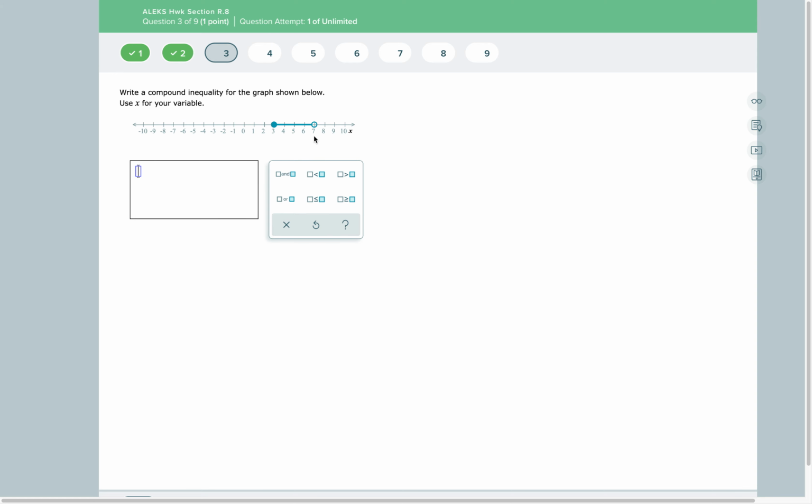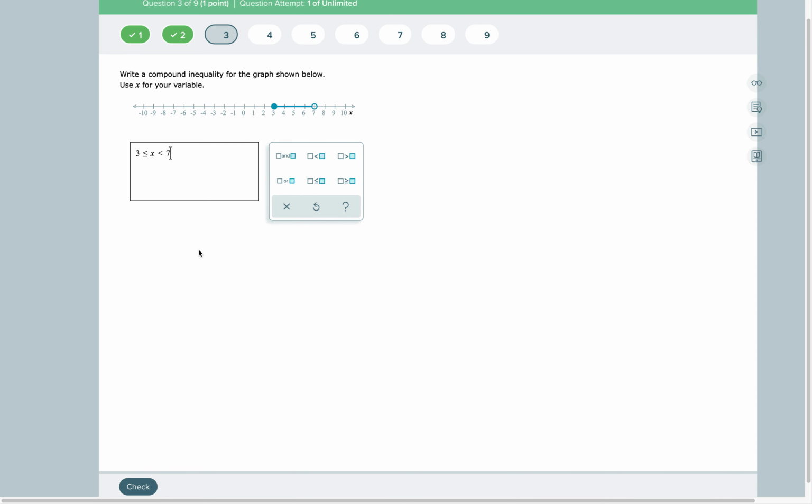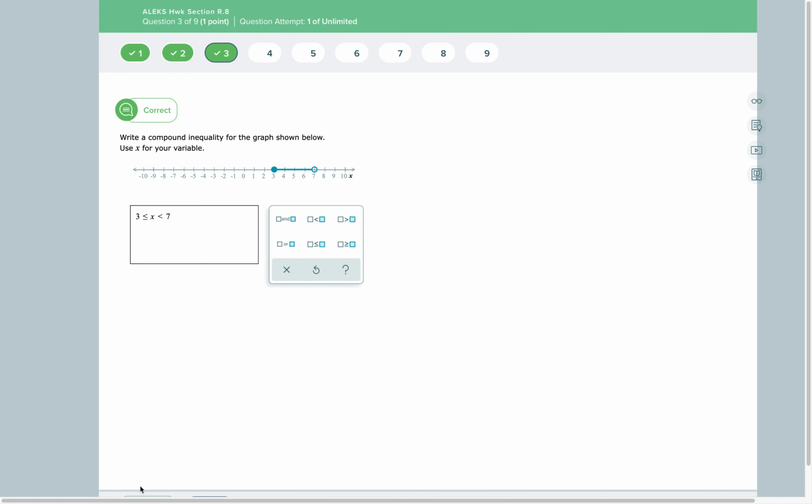For a compound inequality, 3 is included, so we can say 3 is less than or equal to x, and with the open circle on 7, that means 7 is not included. So we have 3 is less than or equal to x, which in turn is less than 7, and checking the result, that is correct.